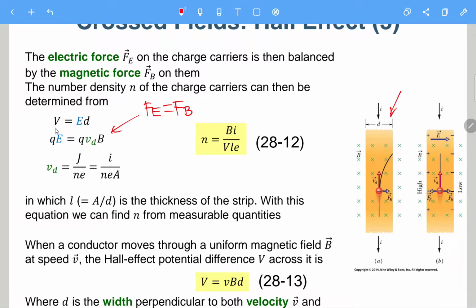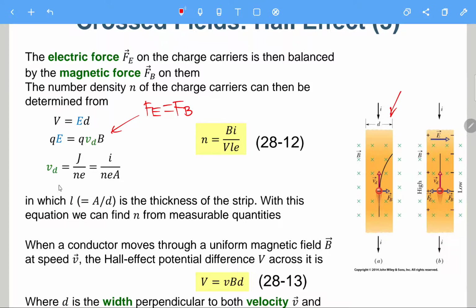So in this case, we have QE, which is the electrostatic force, and QVDB is the Lorentz force. So QE equals QVDB, and Q can be cancelled, so that we have E equals VD times B. VD is the drift velocity. And in the previous chapter, we also know that VD is J over nE, which is I over nEA. A is the cross-section area.